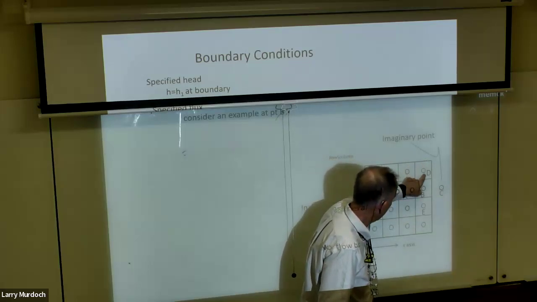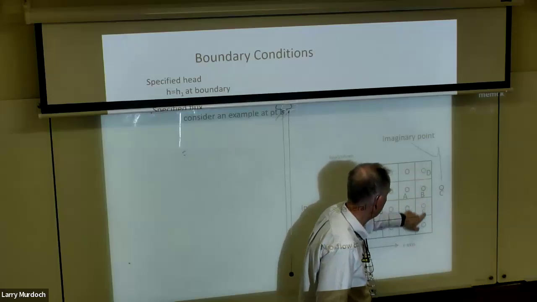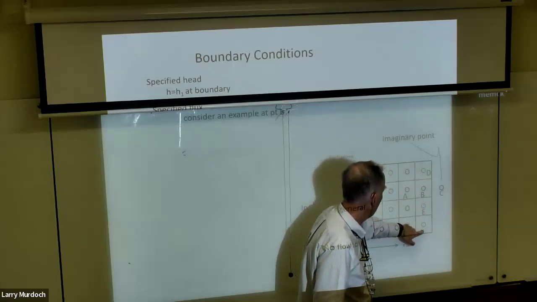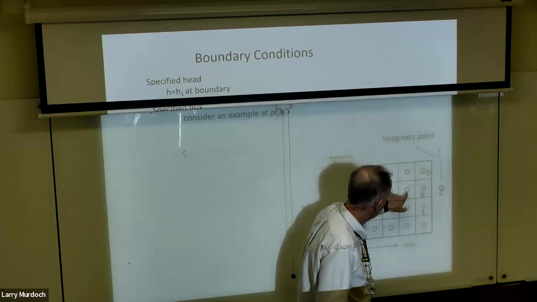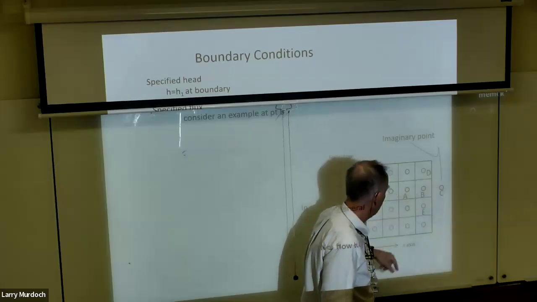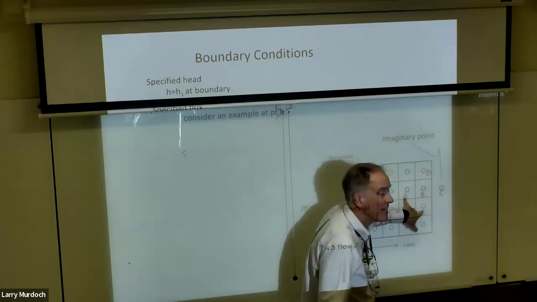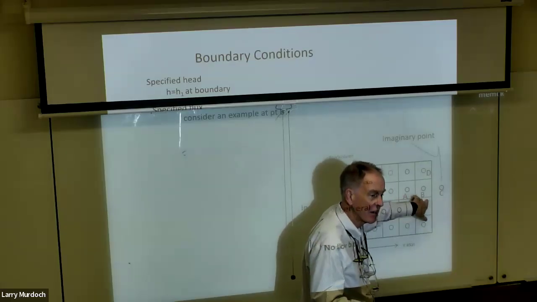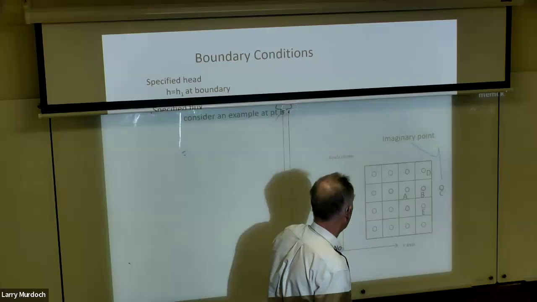So what I'm going to do is say, okay, we've got no flow conditions along this boundary, and instead of indices, I just use these letters, so it'd be easier to refer to them.